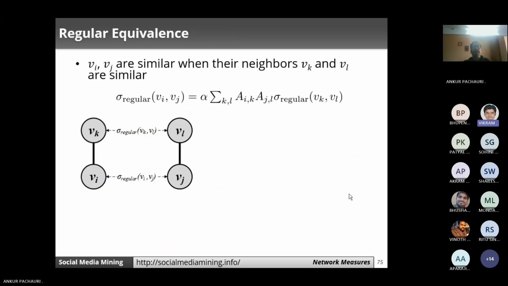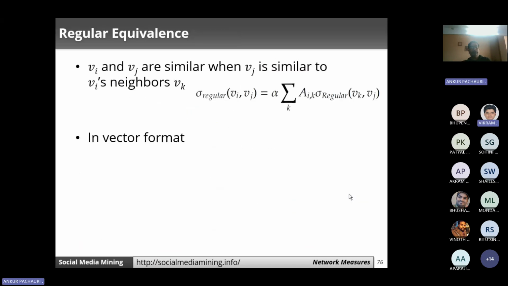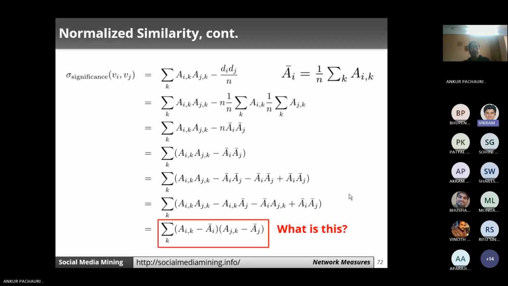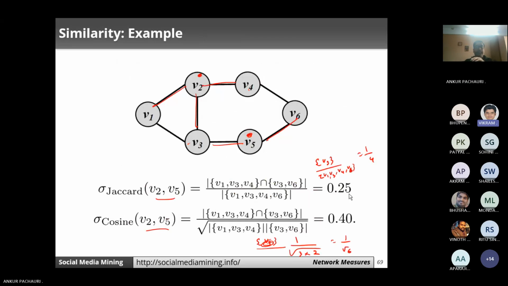Just a small query on structure equivalence: what is the significance of Jaccard and cosine, and which is best? In Jaccard similarity, the numerator is the same, the common neighbors.